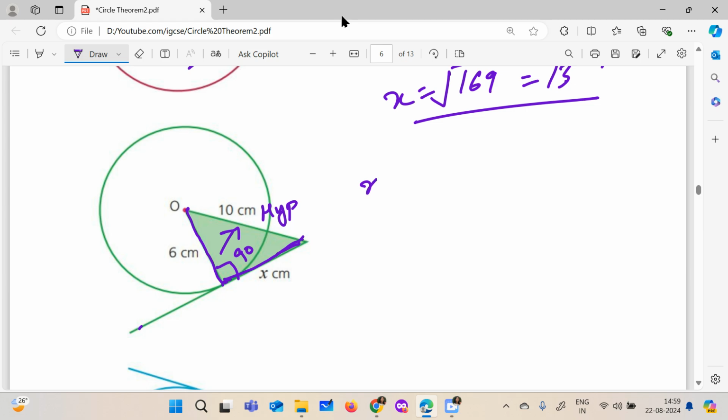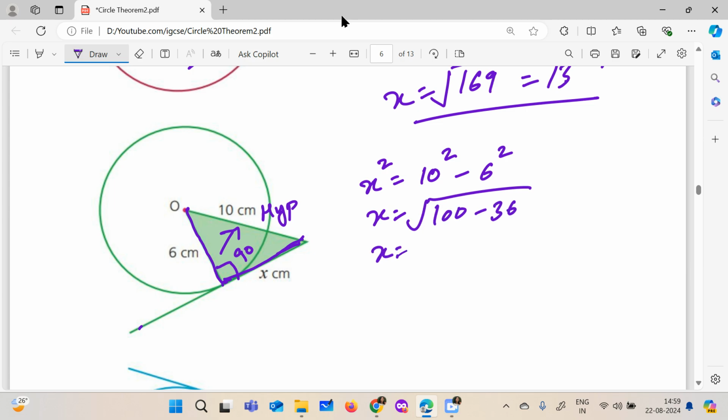So x squared equals 10 squared minus 6 squared, and x equals the square root of 100 minus 36, that gives you 64, and x equals 8 centimeter. Any doubt? Okay, now let's move to the next question.